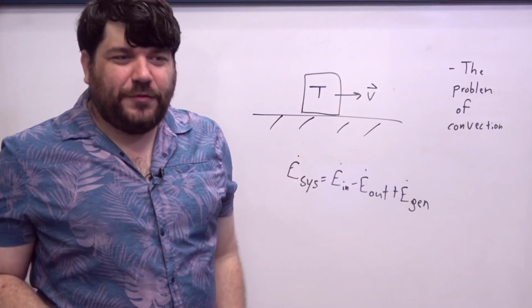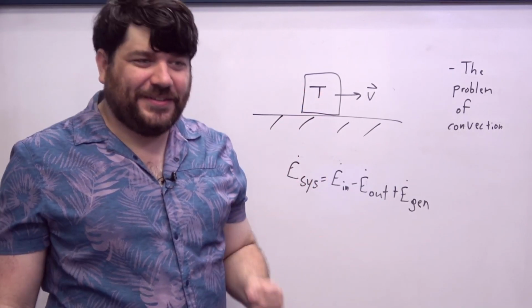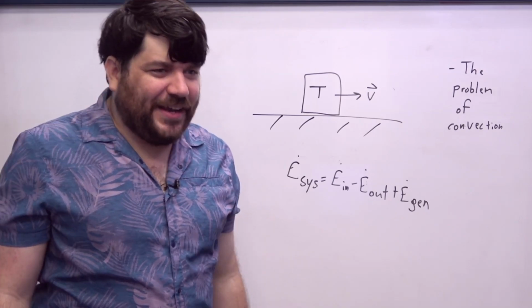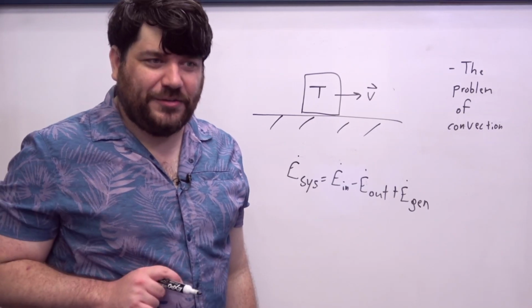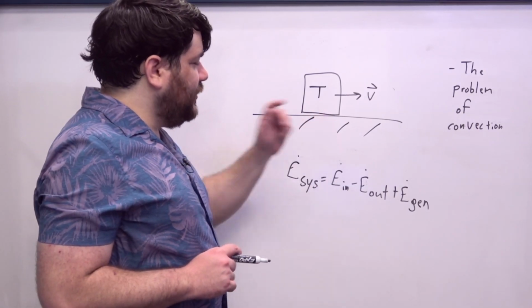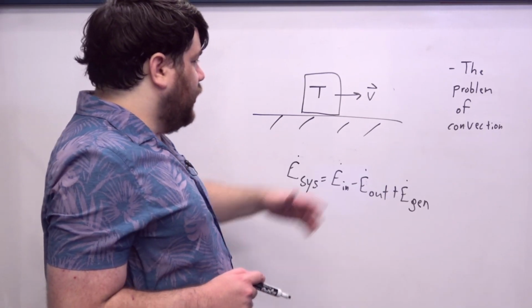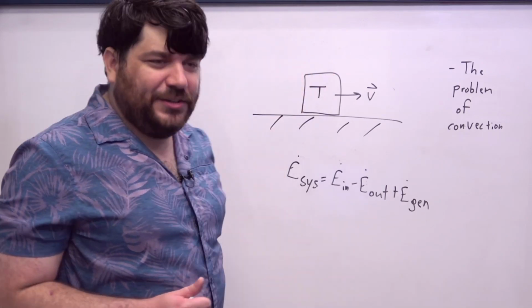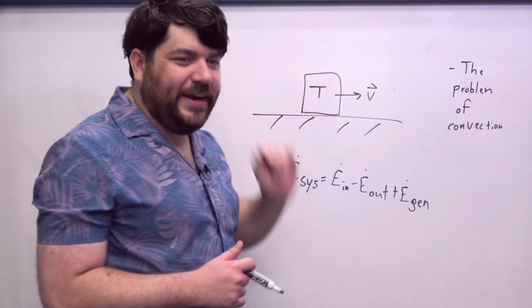As this thing slides forward, friction is going to cause this block to come to rest. And so what happened to all that kinetic energy? It gets converted into thermal energy. Thermal energy that increases the temperature of the bottom surface of this block, and which also increases, hypothetically speaking, the temperature of the air immediately surrounding the block, just as a result of viscous interactions between the block and the air.